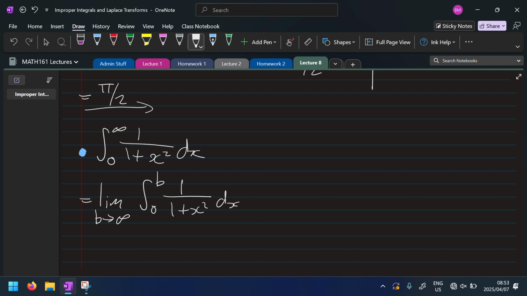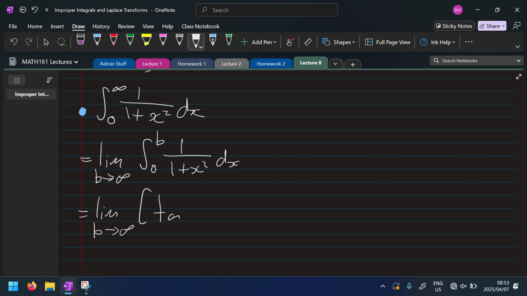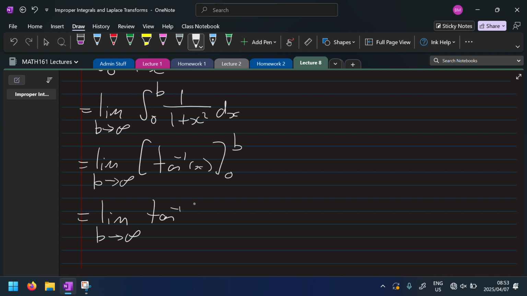And now we do exactly the same thing we did for the previous problem. So this is going to be the limit as b goes to infinity. This will be arctan again from 0 to b. Okay, but now they swap. So it will be limit b goes to infinity, tan inverse b minus tan inverse of 0.